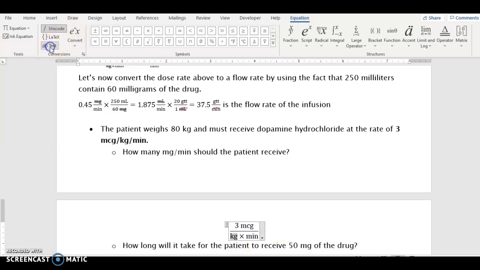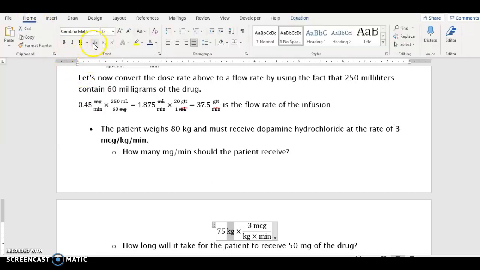What we're going to do is multiply this compound rate by the patient's weight, which is 75 kilograms. And what's going to happen is that we're going to eliminate the units of kilograms from the patient's weight and in the denominator of that fraction.